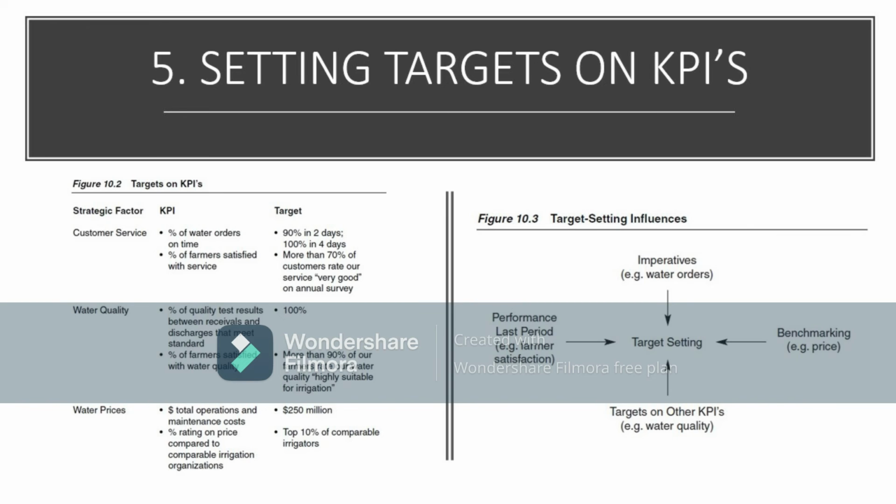If they aren't filled, crops die, and the very existence of the authority is threatened. This certainly sounds like an imperative. So the targets 90% in 2 days and 100% in 4 days come about because water simply has to be delivered. There is no other choice.